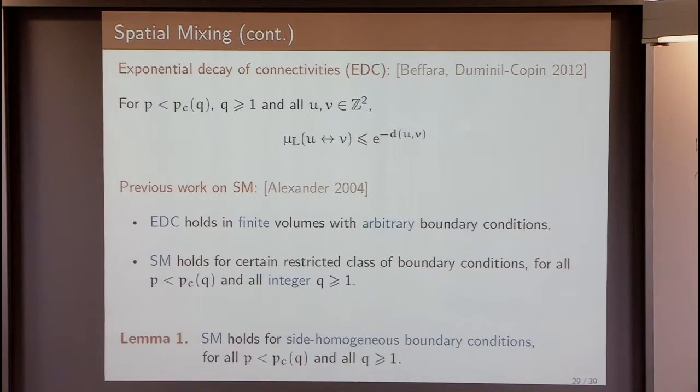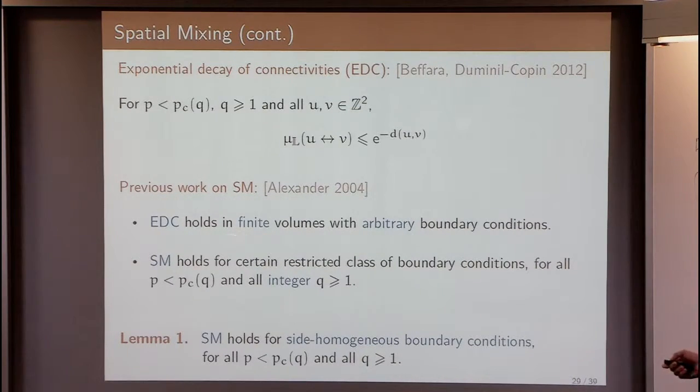So spatial mixing is closely related to the notion of exponential decay of connectivities, this is a property for the infinite measure. And Duminil-Copin and co-authors showed that in the infinite lattice we have exponential decay of connectivity. The probability that u and v are connected decays exponentially with distance throughout the subcritical regime.